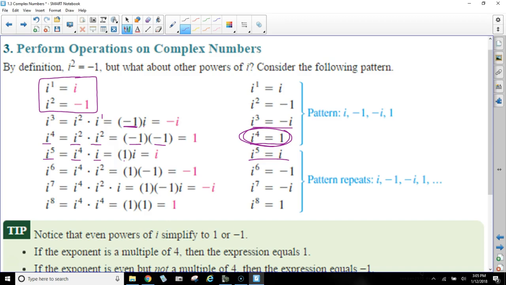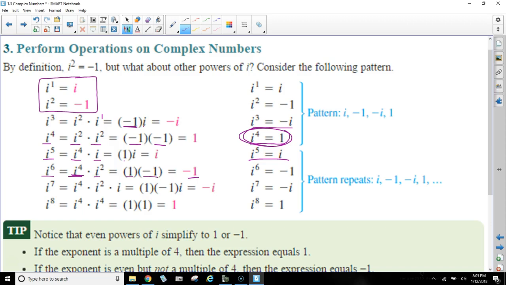i to the sixth, we're going to break that down into i to the fourth, because we love that. i to the fourth is just +1. We're going to write it as i to the fourth times i squared. So we have +1 for i to the fourth times -1 for the i squared, and 1 times -1 is -1.